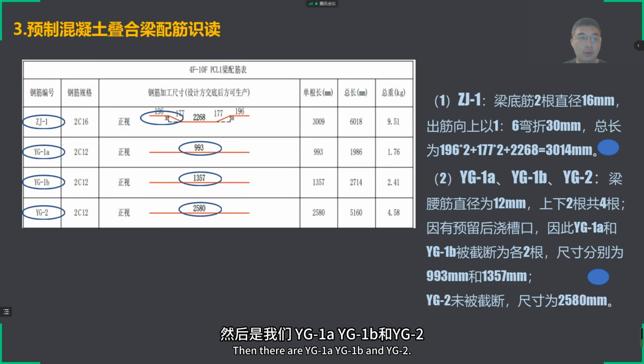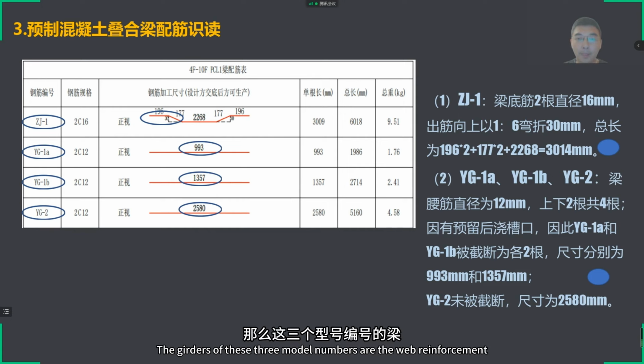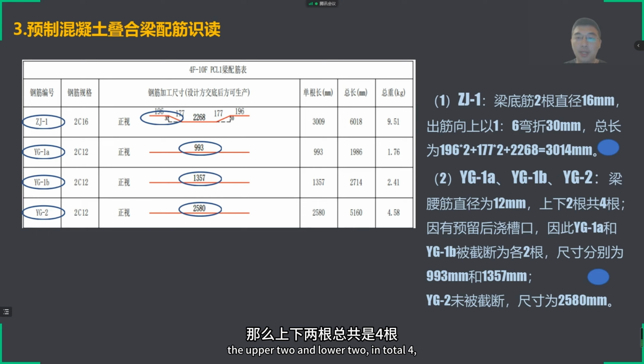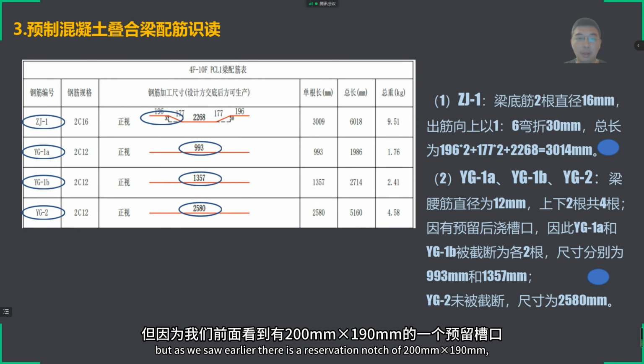Then there are YG1A, YG1B, and YG2. The girders of these 3 model numbers are the web reinforcement. The diameter is 12 millimeters. The upper 2 and lower 2, in total 4. But as we saw earlier, there is a reservation notch of 200 millimeters times 190 millimeters.